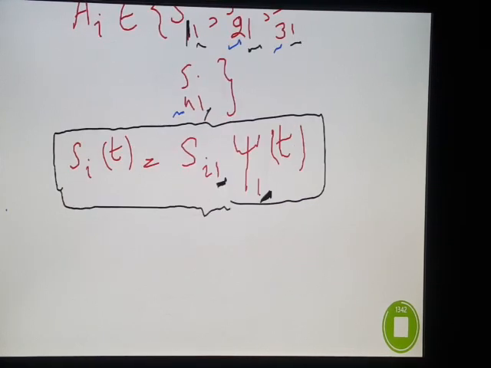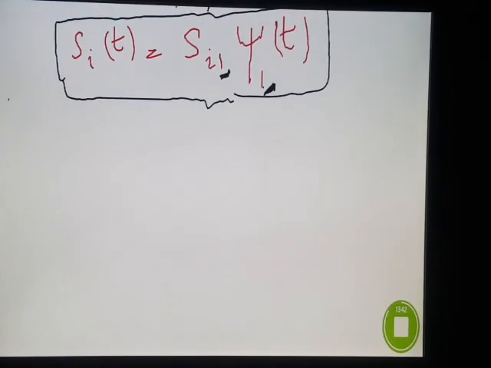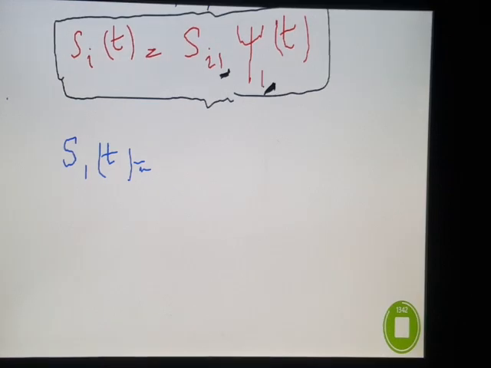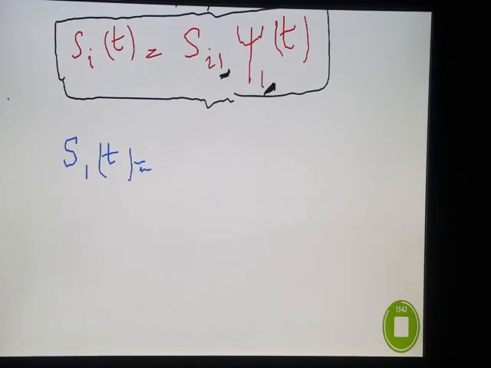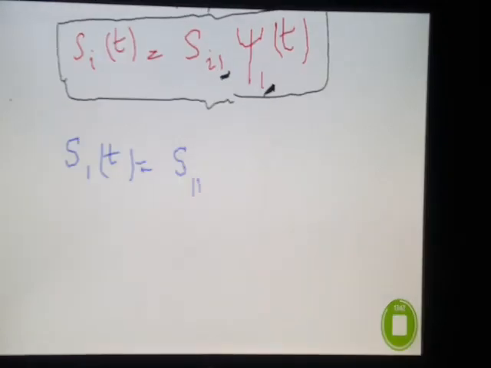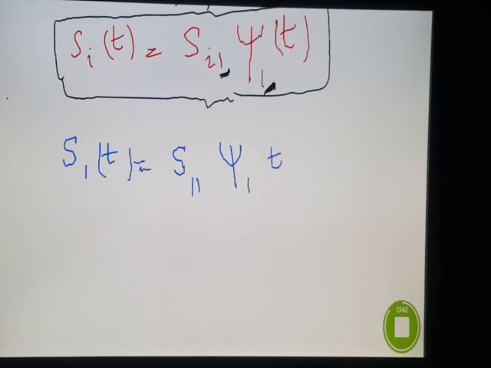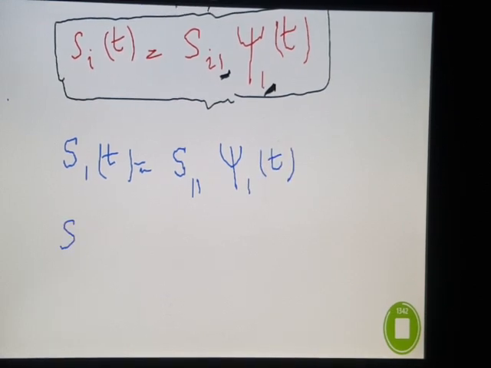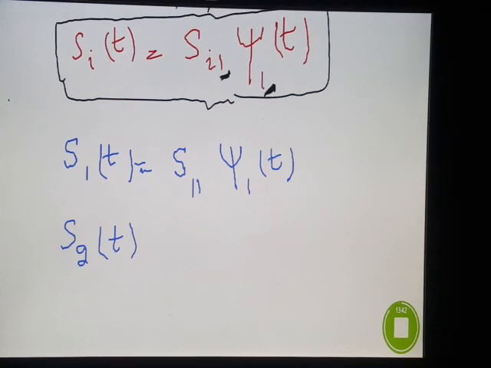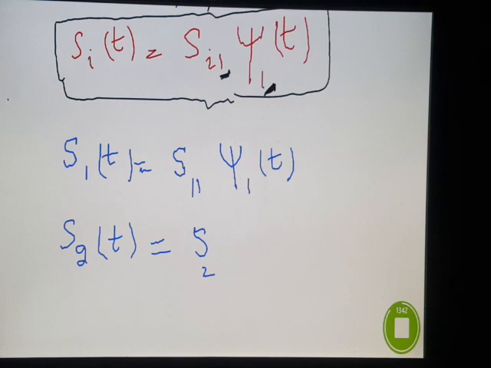To be consistent, when we have 4 signals, my S1 of t would be S11 psi 1 of t. S11 is the amplitude of the first ASK symbol. Then we have S2 of t, which will be S21 psi 1 of t.